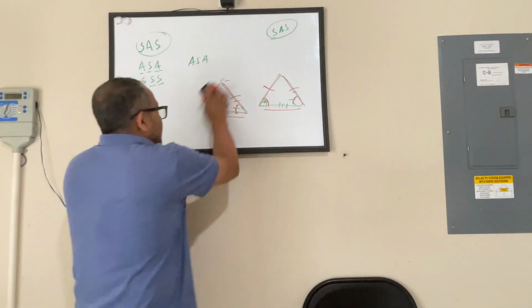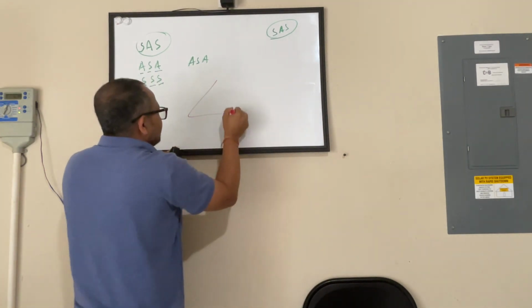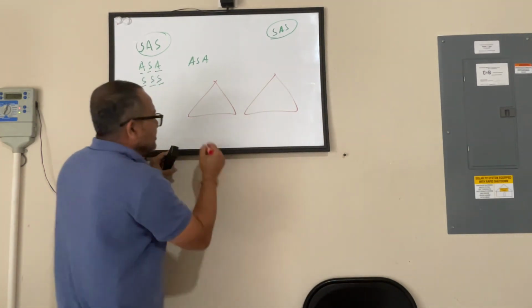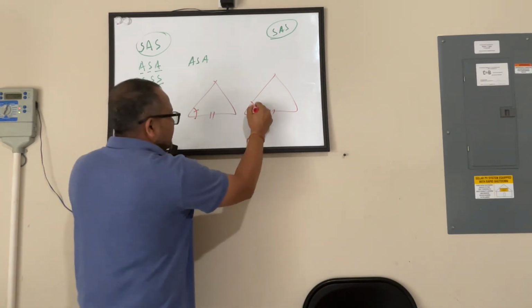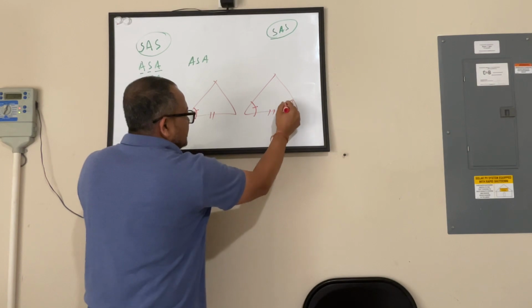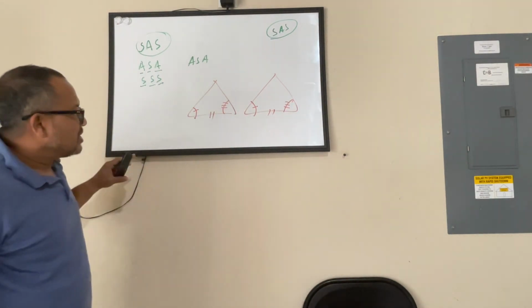So let's deal with this scenario. I have two triangles, A, B, C, D, E, F. This side is known to be the same. This angle and this angle are known to be the same, and this angle and this angle are known to be the same. Now, there are two scenarios.